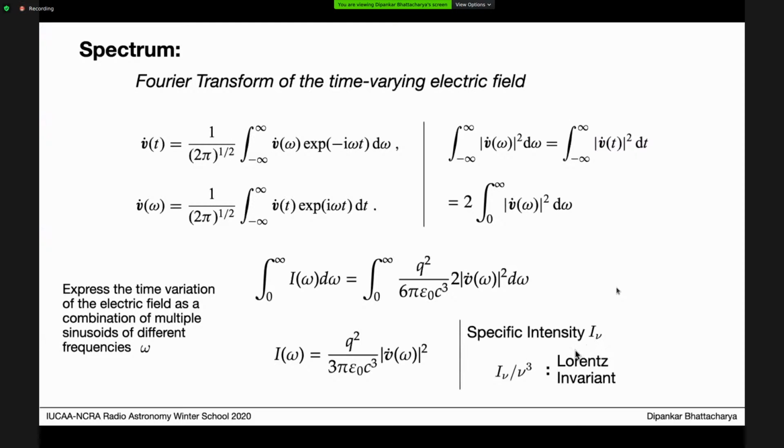However, it turns out that if you take this ratio, that is I nu divided by cube of the frequency, both these are transformed functions now. They both change from frame to frame, but this ratio remains constant. So this I nu over nu cubed is known to be a Lorentz invariant, and this is useful for trying to compute what kind of intensity we will see in a moving frame, or if the charge is moving with respect to us.